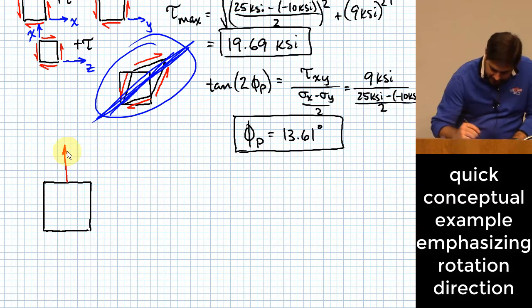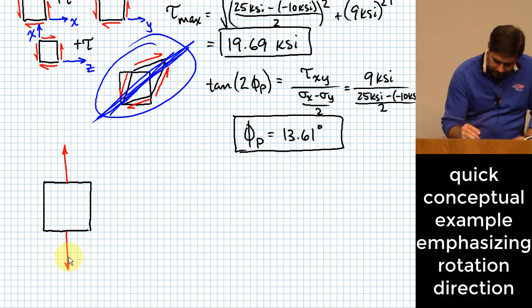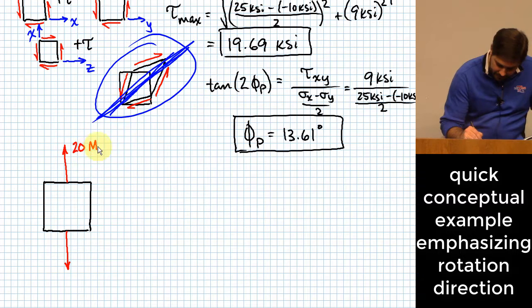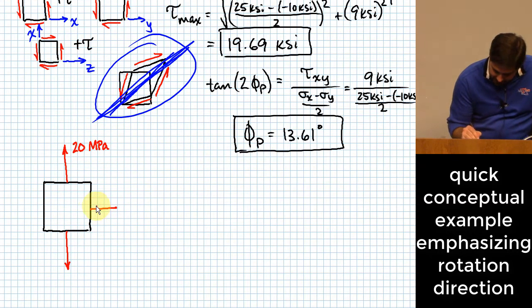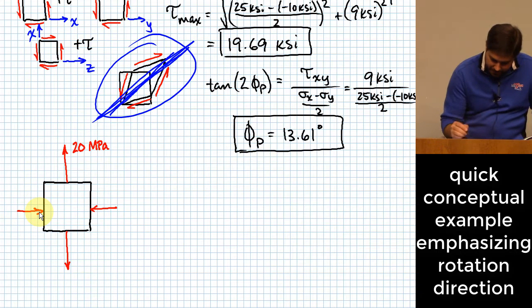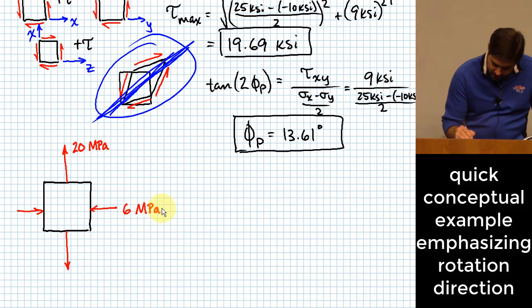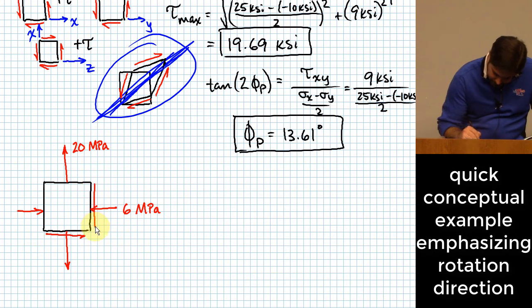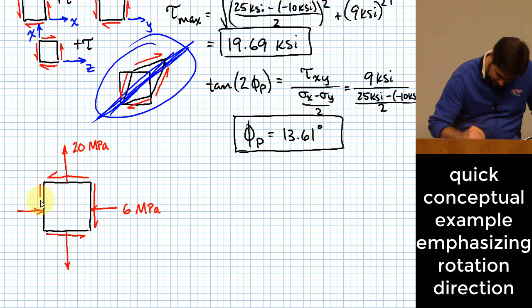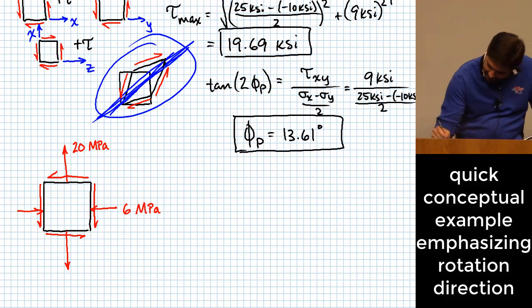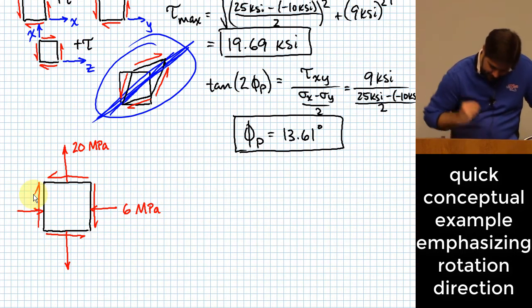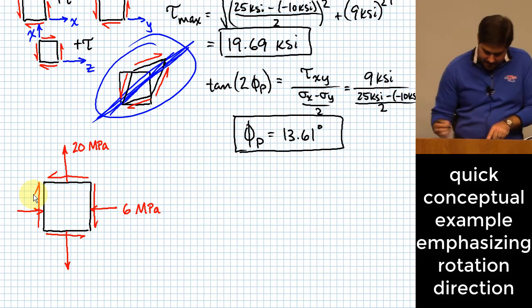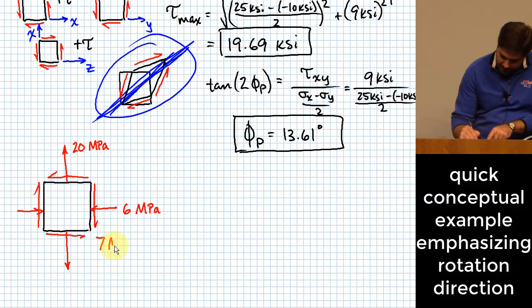So I have, let's say, a 20 MPa, and let's say I've got a compressive stress here of 6 MPa, and then I'll go negative on this one, and let's say that is 7 MPa.